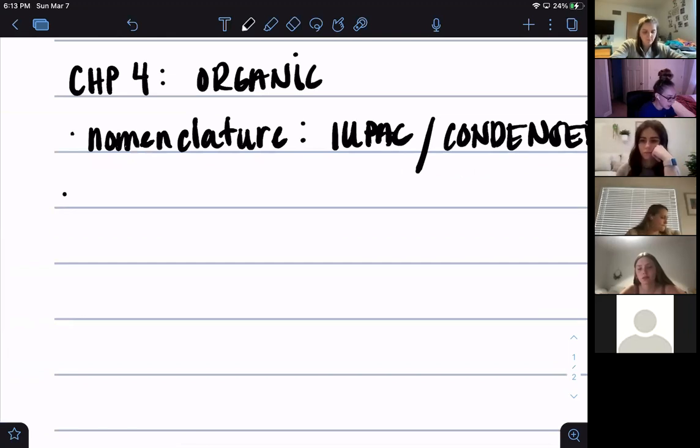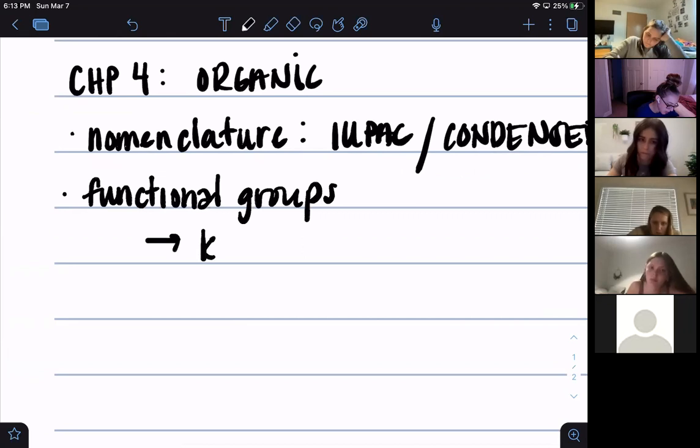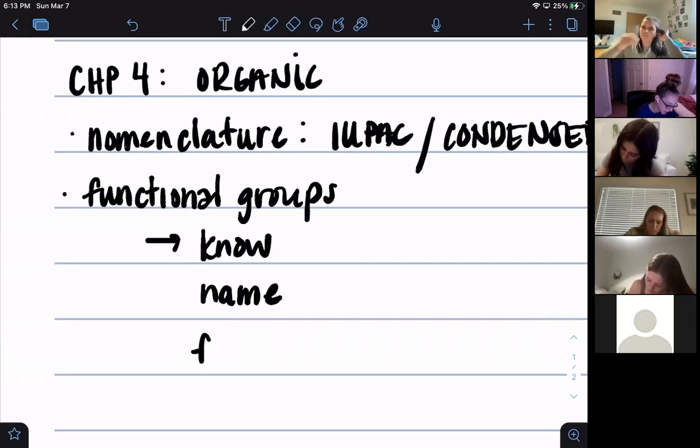You also need to know in chapter 4, obviously, functional groups. You need to know them. You need to be able to name them. You need to be able to find them.